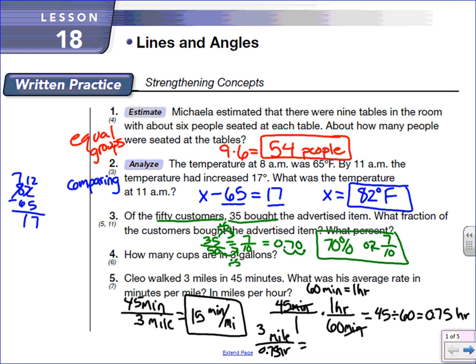So remember I said that 0.75 was 3/4. So really it's 3 times 4 divided by 3. Let's see what that is. 3 divided by 0.75 is 4. So 4 miles per hour.